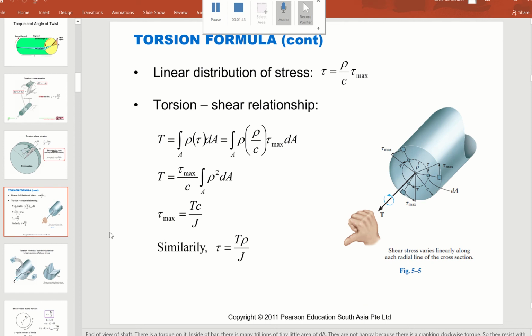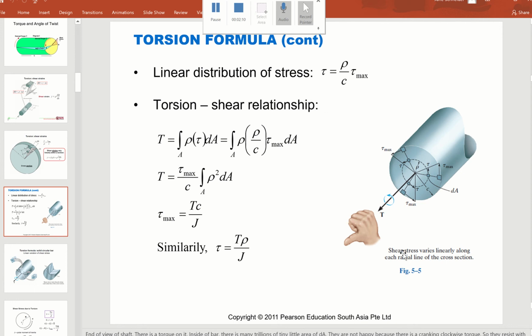Torsion is going to have a sign, positive and negative. If we're looking at internal torque, so if you cut here, and you find out this internal torque is going this direction, for example, counterclockwise in this situation. I want you to get your right hand out and have your four fingers go around the direction of the torsion.